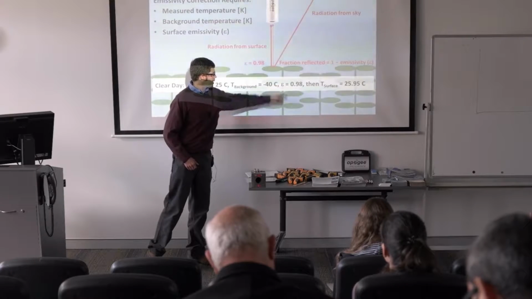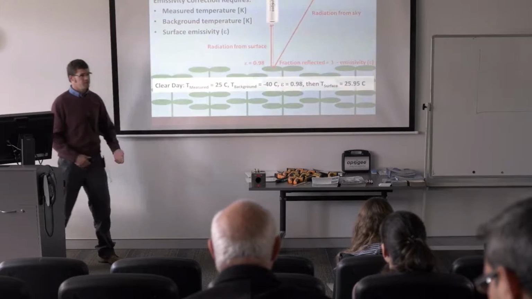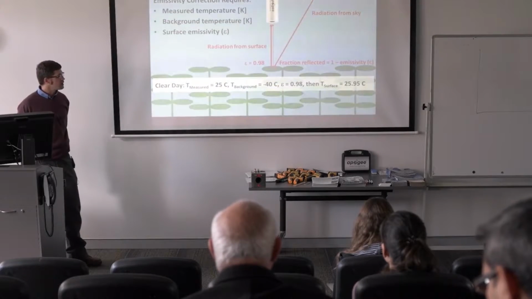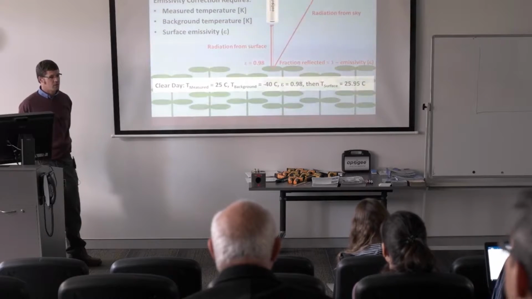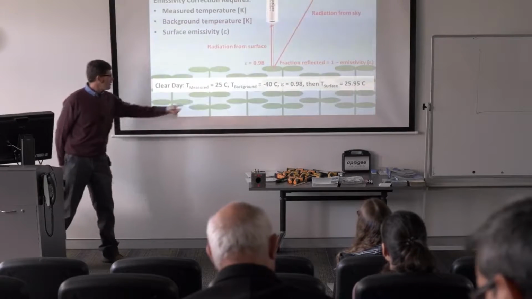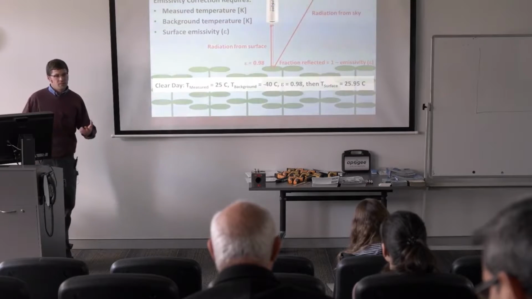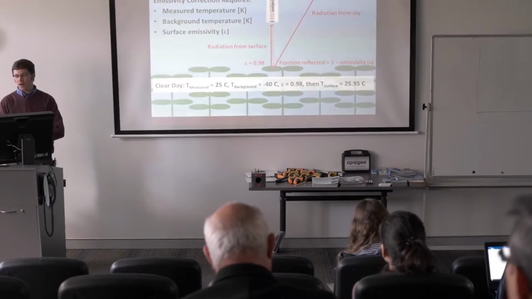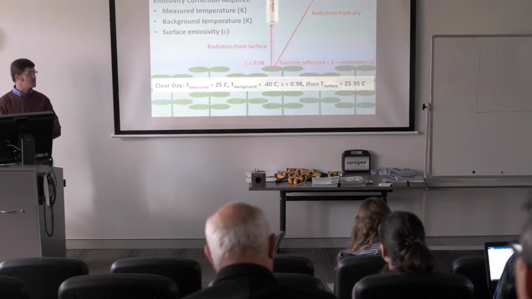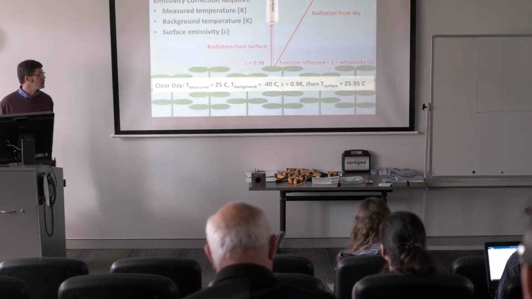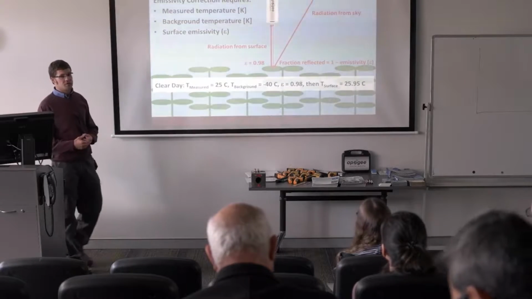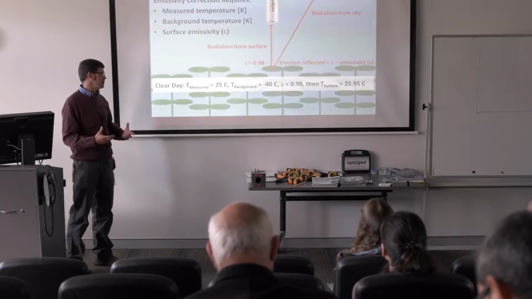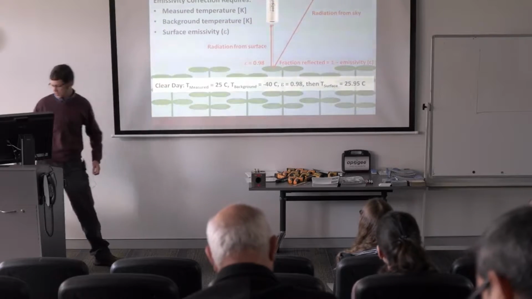If our plant canopy emissivity is 0.98, our actual surface temperature is about a degree higher, close to 26 Celsius, than the measured temperature. And so emissivity can have a big impact on temperature measurements, and it's important that we account for it if our application requires accuracy better than a degree Celsius or so.